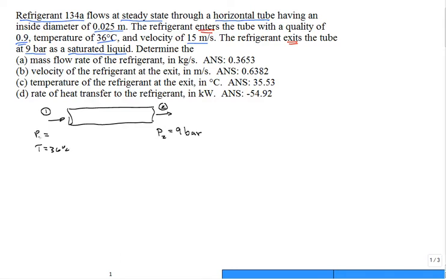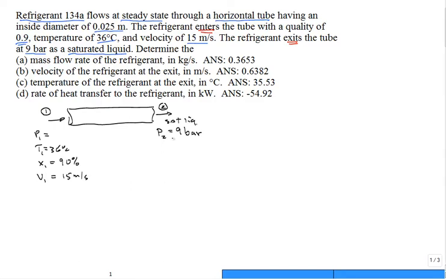Okay, so pressure at 1 unknown yet, temperature at 1 36 degrees C, quality at 1 is 90%, and the velocity at 1 is 15 meters per second. And over here at 2, they say that it's saturated liquid.